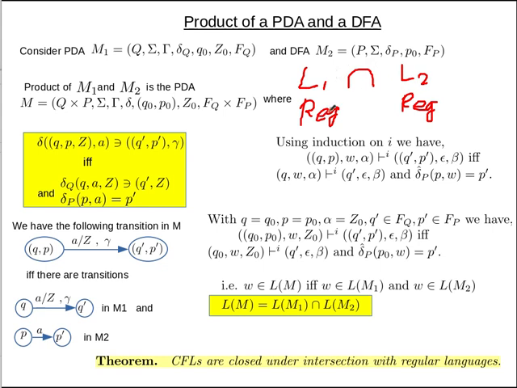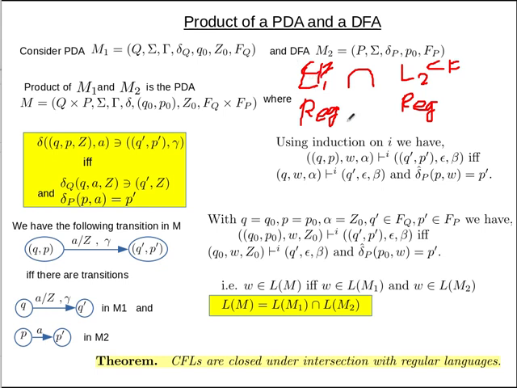So what about the CFL? Can we say the same thing about CFL? Like if this is say CFL and if this is CFL, both are context free, can we say that their intersection is also CFL? So we can't say that. We will prove that CFLs are not closed under intersection.